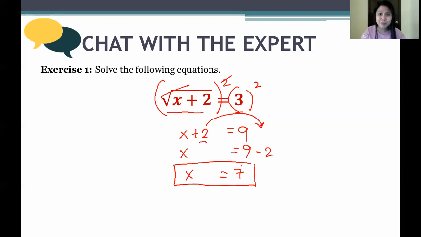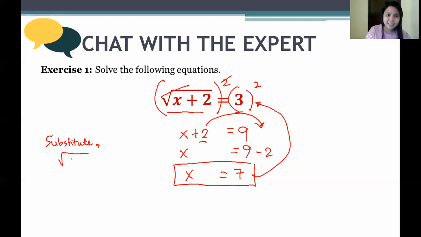Now, step number 4 is to substitute 7 into the real equation. So let us now substitute. In your elementary years, we call it checking or verifying whether the answer is correct. So square root of x, which is 7, plus 2 equals 3.